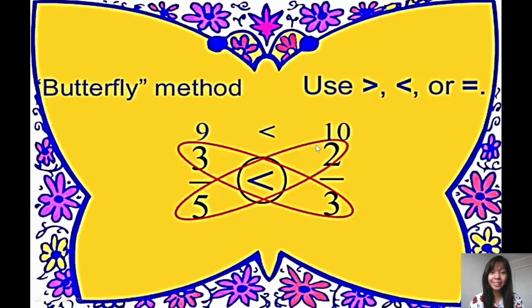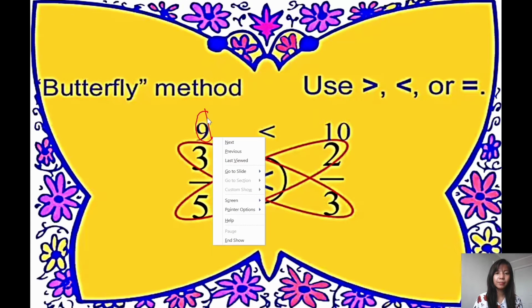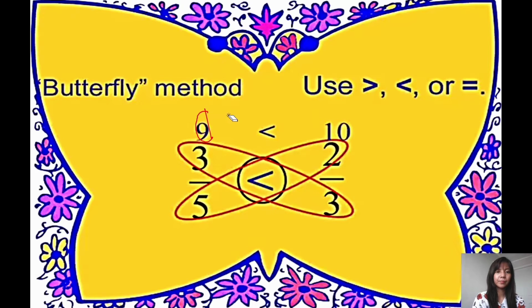looks like this. Okay, so 3, numerator times denominator. So 3 times 3, 9. Okay, hold on. Sorry for this. Alright. So 3 times 3 is 9. And then 5 times 2, it's 10.